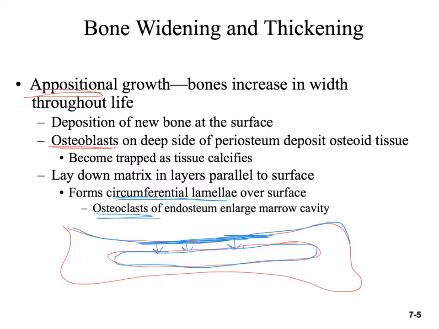And it says here, osteoclasts of the endosteum enlarge the marrow cavity. If you don't know what an osteoclast is, I guess we should clarify that. Osteoclasts break down. Clast means to break down. So osteoclast, because osteo refers to bone and clast means break down, that means that they break down bone. So that's what that refers to.